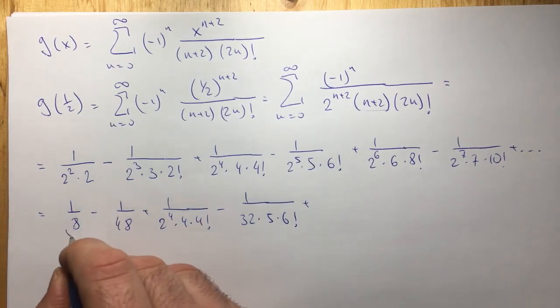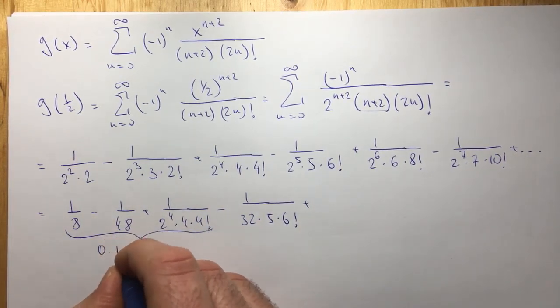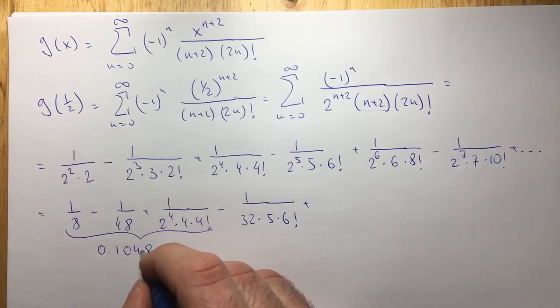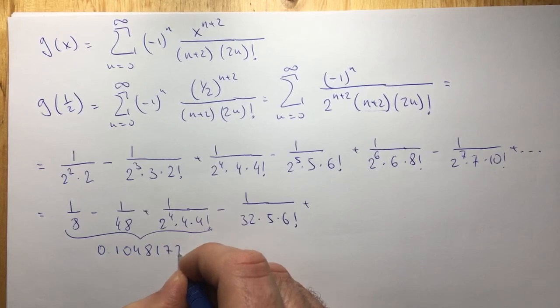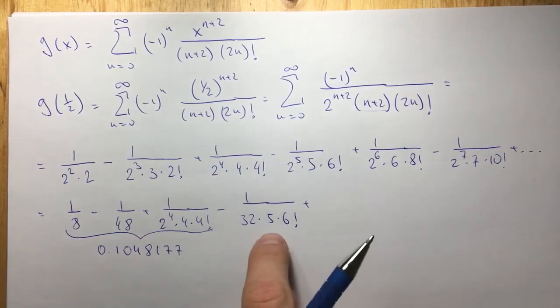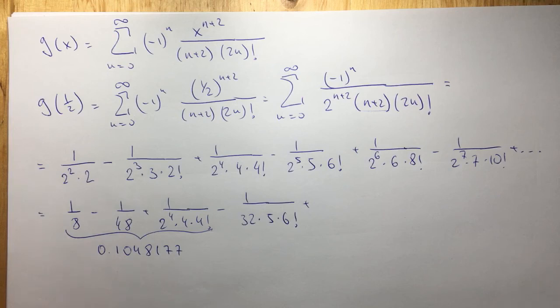So when I added these three terms, I got 0.1048177, and now I'm going to subtract this number here, 1 divided by 32 times 5 times 6 factorial. This is a new calculator that I'm using, so I cannot find the factorial. Well then, 4 factorial is 24, so 24 times 5 times 6.